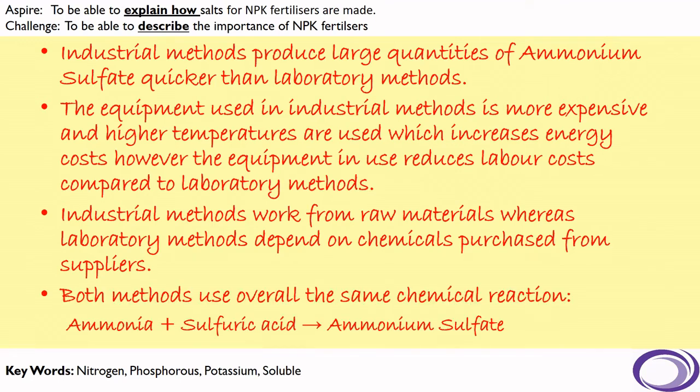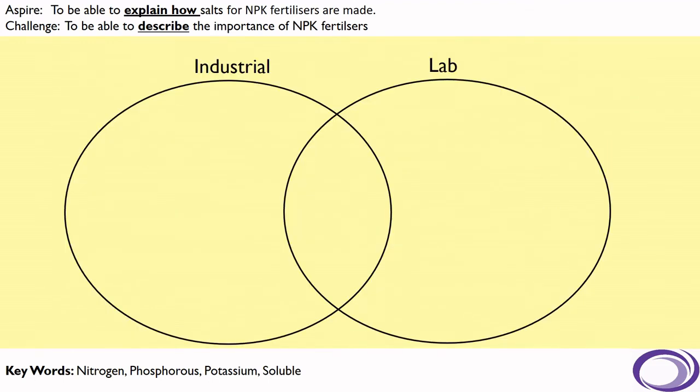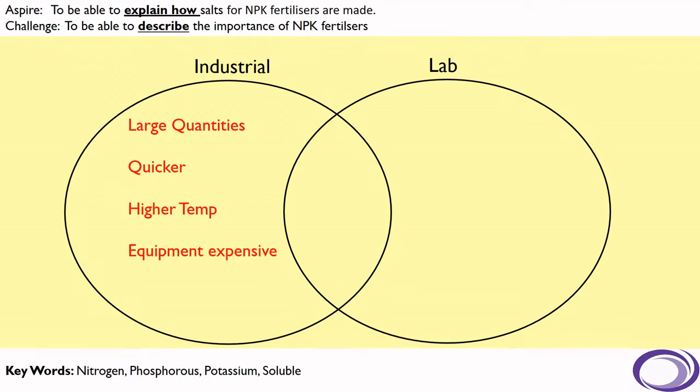Both of those methods actually overall use the same chemical reaction. So they are both reacting ammonia with sulfuric acid to form that ammonium sulfate. Now I've summarised these in a Venn diagram here. So industrial, we're looking at large quantities produced quicker, a much higher temperature used and very expensive equipment but low labour cost.